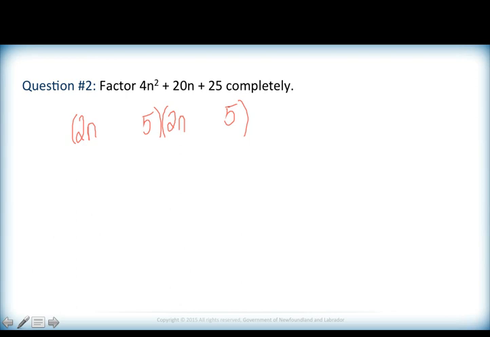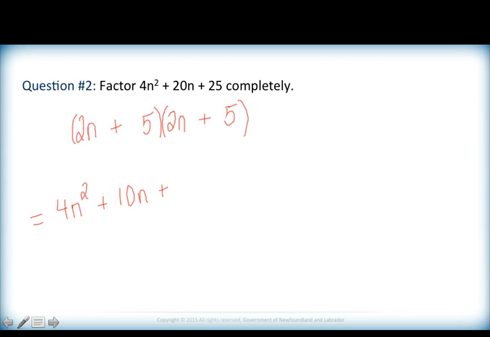We have 20n. If we notice there, everything is positive, and we need it to add to give us 20. So if we put a positive and a positive, let's check to see if this would work. If we have 2n times 2n, that gives us 4n squared. Let's do a double check there to make sure we're in the right steps. 2n times 5 will give us 10n.